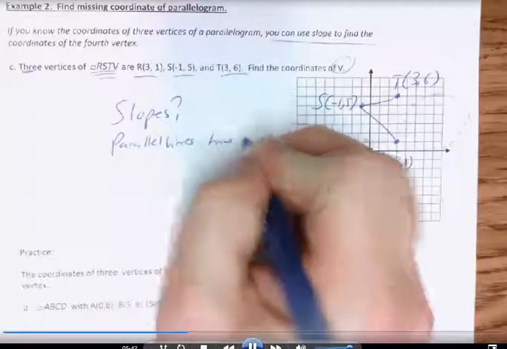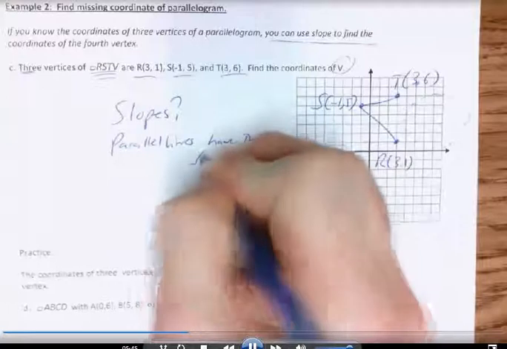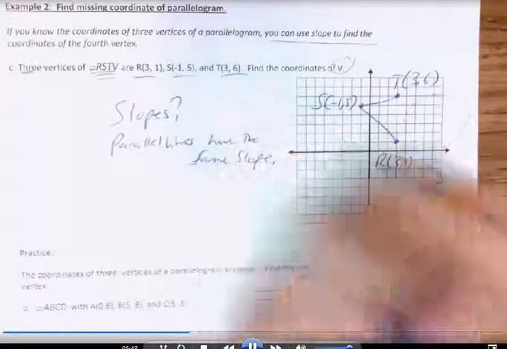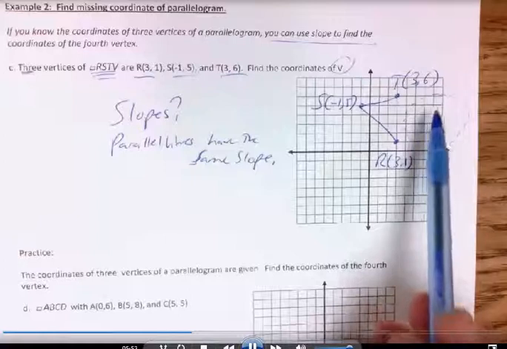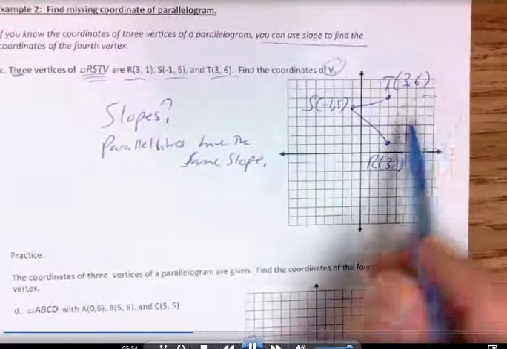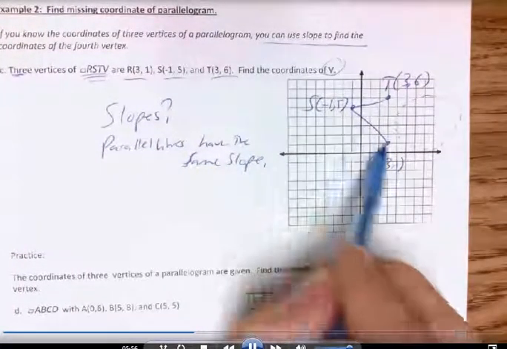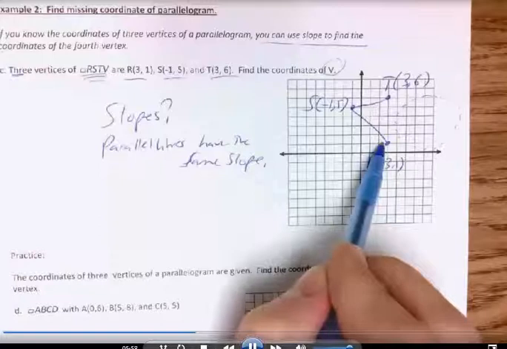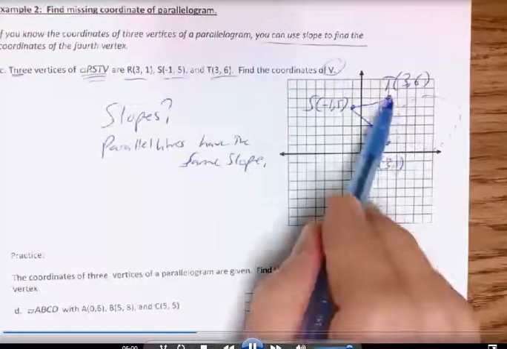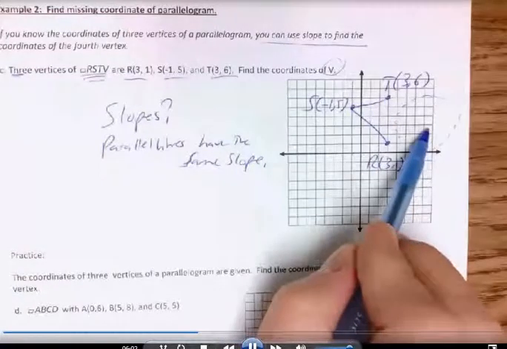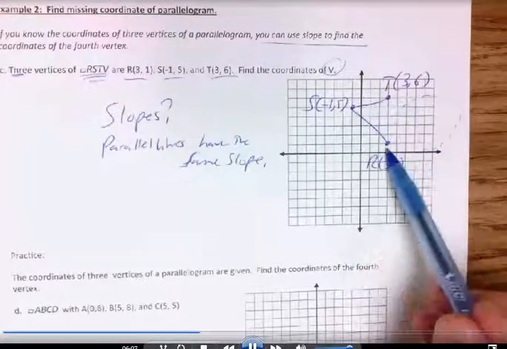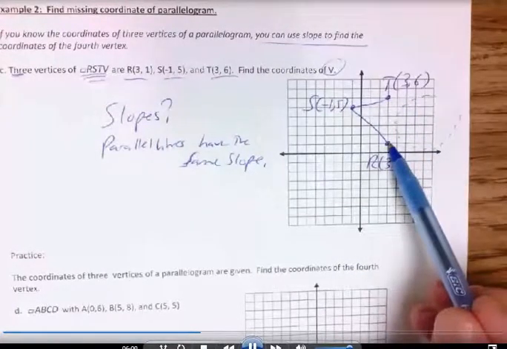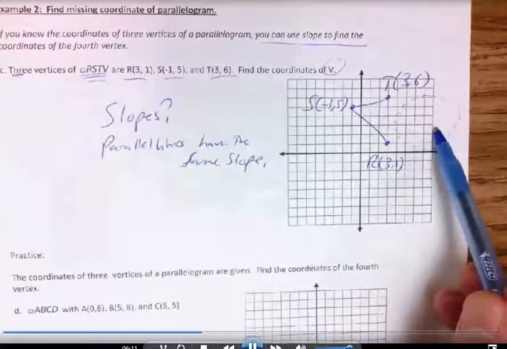So I know that opposite sides have to be parallel for a parallelogram. That's one of our properties. In fact, that's our definition. So if I can figure out the slope of this side, I can repeat that slope over here and figure out where it hits. Similarly, I could do the slope for ST and repeat it for R to V, and they should match up.